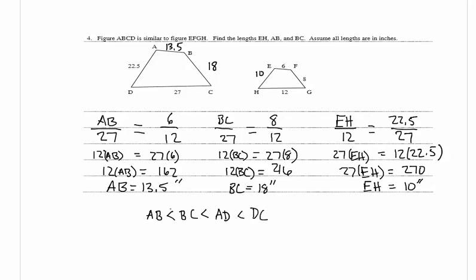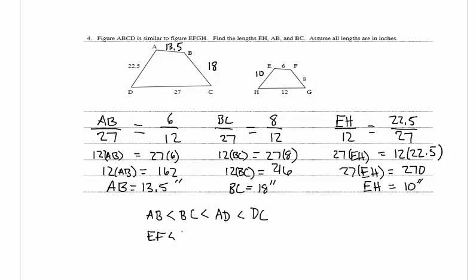Now, the same correlation should hold true on the second figure. Our shortest side should be where AB is, so the shortest side should be EF, and it is. So EF is less than the next shortest side. BC was the next shortest, and we look at the similar side, FG, and it is the next shortest.